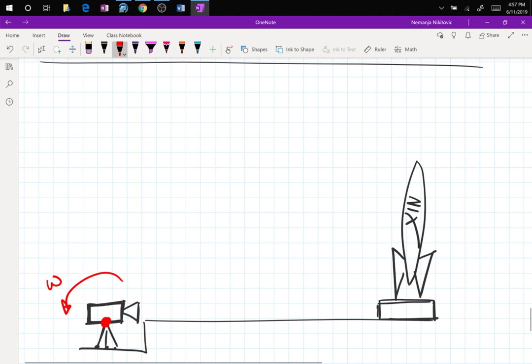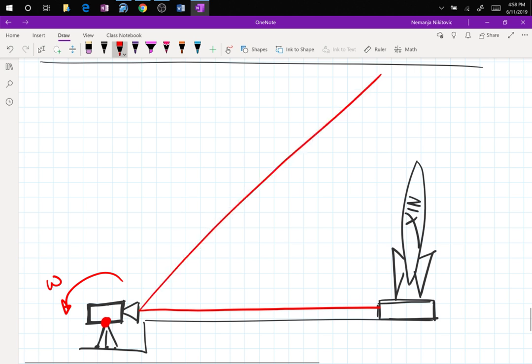This camera has a viewing angle, and I'm just going to draw the straight line for the middle of that viewing angle. As the rocket goes up, there will be an angle theta for which the camera is going to rotate at each instant in time, so that the rocket, which is the target, the X from the Nix, is always in the middle of the shot.